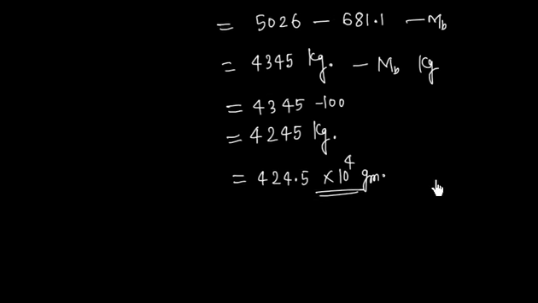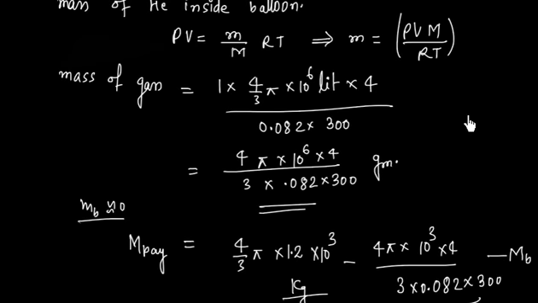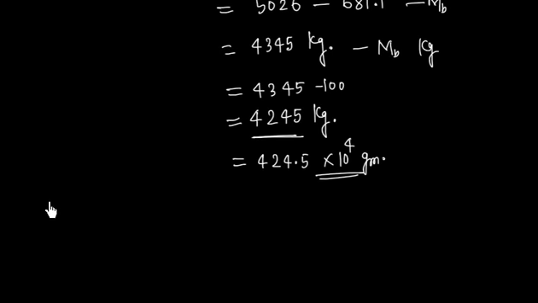Now if I attach a mass of 4245 kg, the balloon will go with constant velocity. What will happen if I attach a different mass? If the mass attached to the balloon is greater than 4245 kg, the balloon will go in the downward direction, so the balloon will not lift.